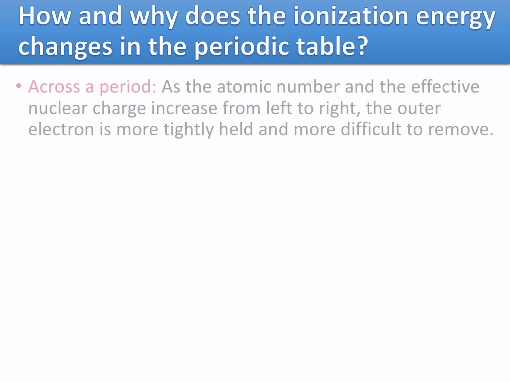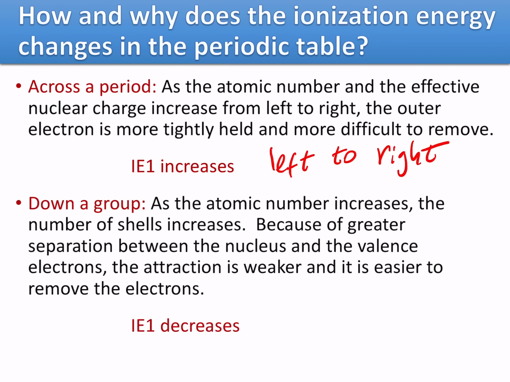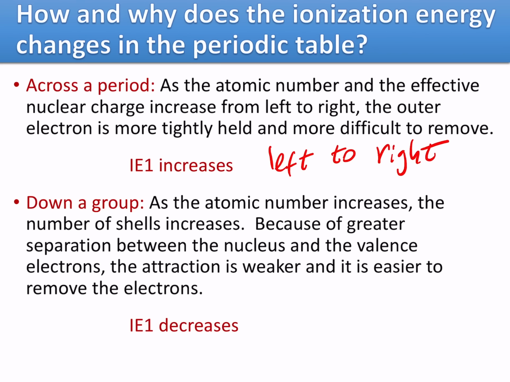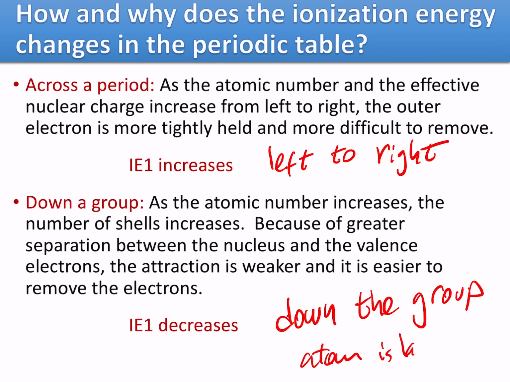So remember, across a period, left to right, the ionization energy increases. It refers to the first ionization energy, but for any of them it's going to be practically the same. Down a group, the ionization energy decreases, and the atom is larger.